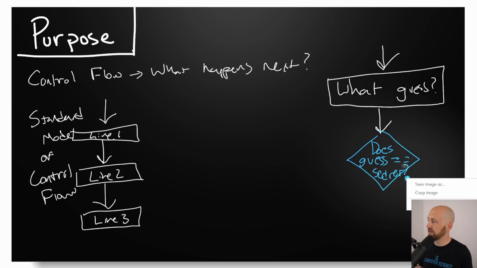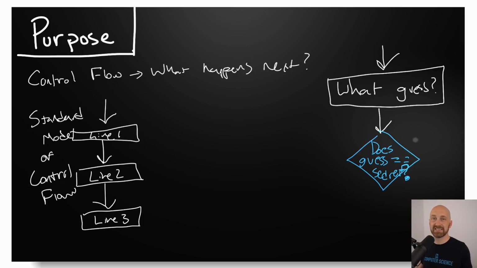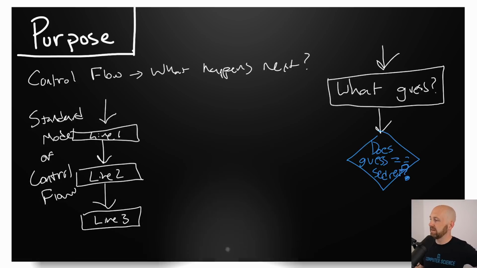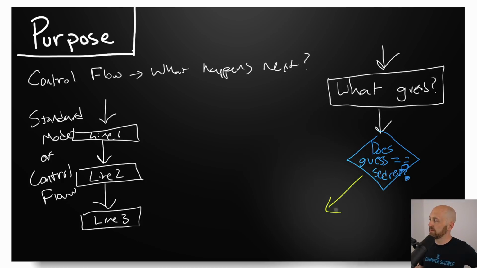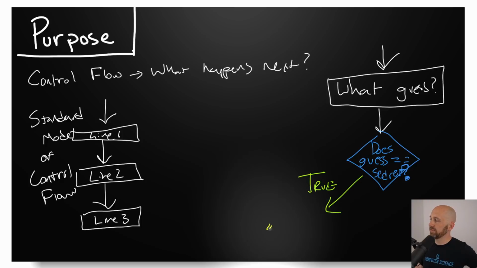And this is a question we're asking. Does the user's guess equal the secret that I was thinking of, holding up the number of fingers behind my back? And if so, in the true case, what we're going to do is print correct, you win.